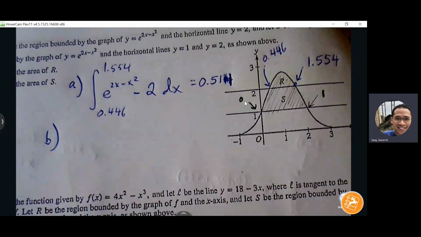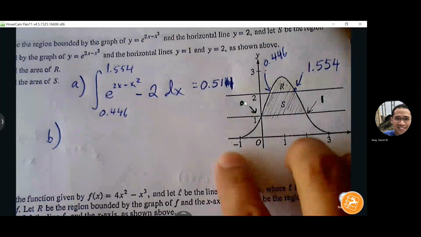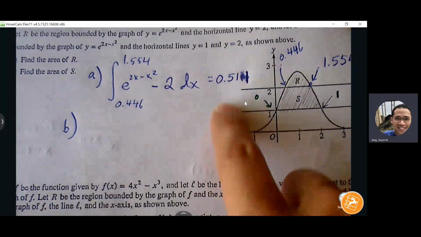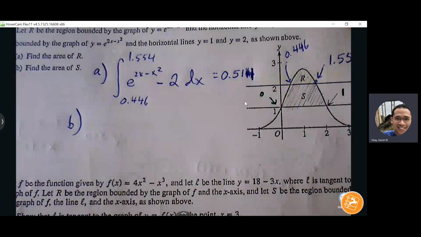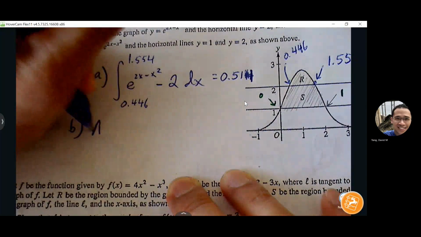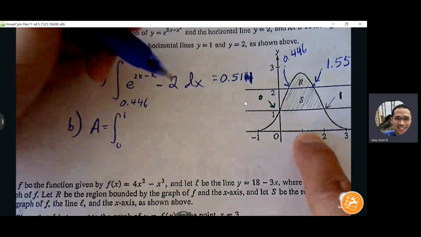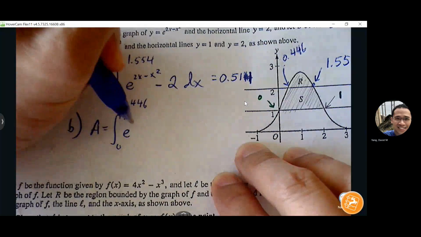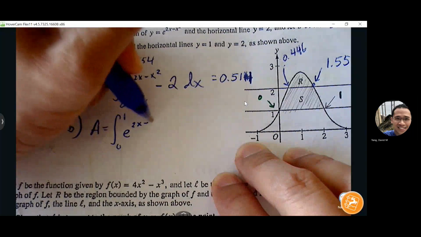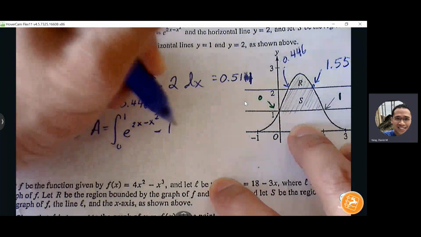All right, so let's find the full highlighted region, and then I can subtract out region R. Okay, so the top curve is the exponential. The bottom curve is the 1.